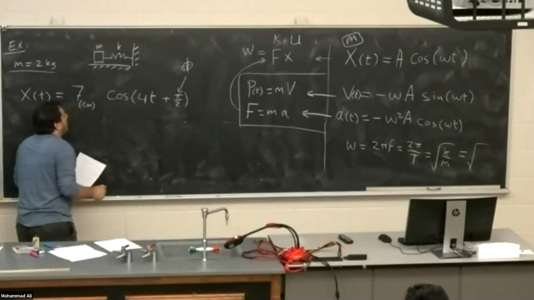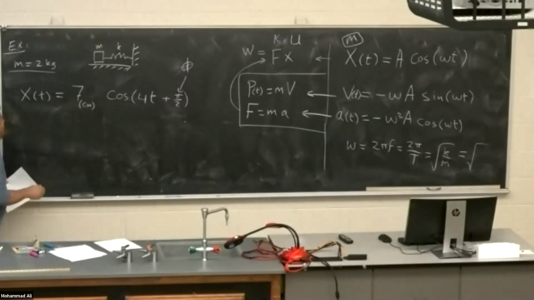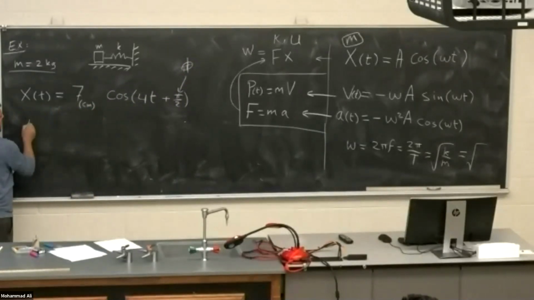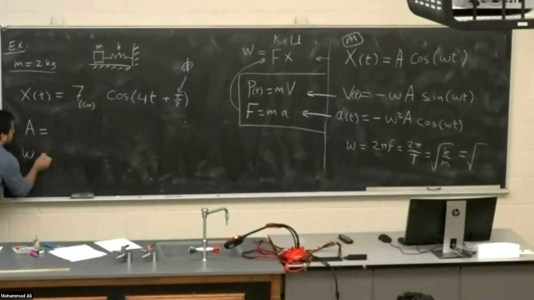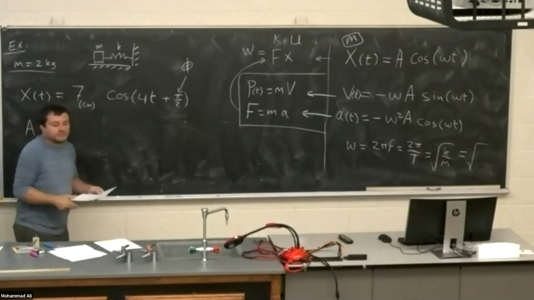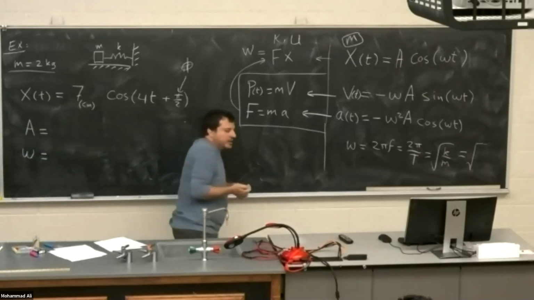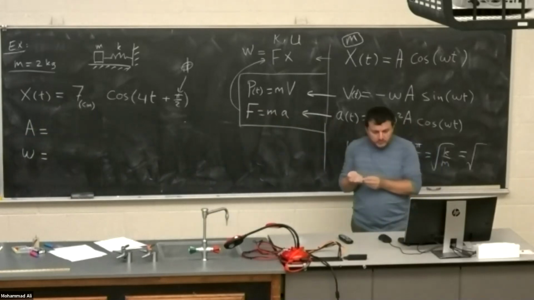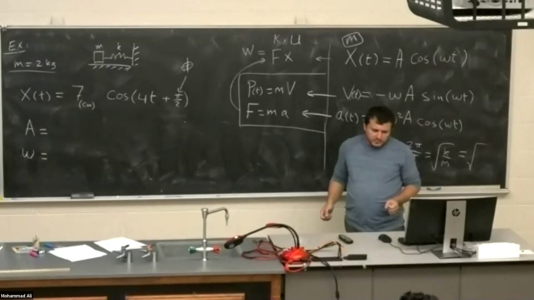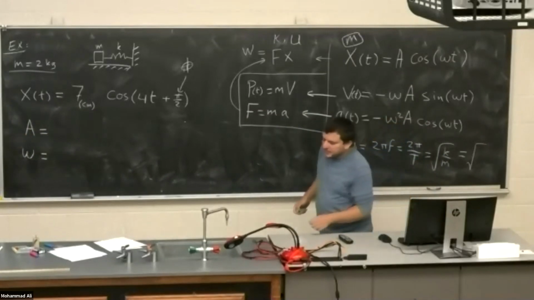Okay. I need to ask you about amplitude. Where is the amplitude? Who can tell me? How much is the amplitude? How much is omega? Who can tell me? Online, any answers?